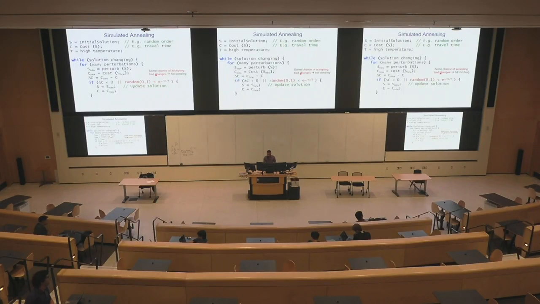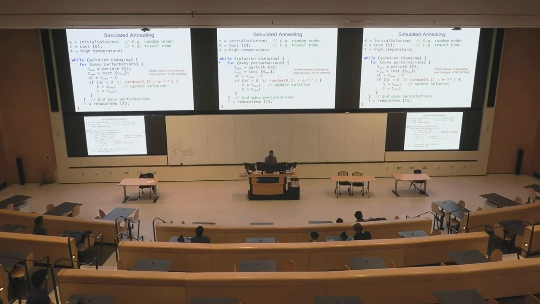Now, if the temperature is still high enough, even if delta C is high, then this term is probably going to approach 1, and whatever random number I get, it's probably going to accept the solution. So at high temperatures, I will probably accept solutions even if they are worse. At low temperatures, I will probably accept only the good solutions, based on this random number. Does that make sense? Yeah, cool.